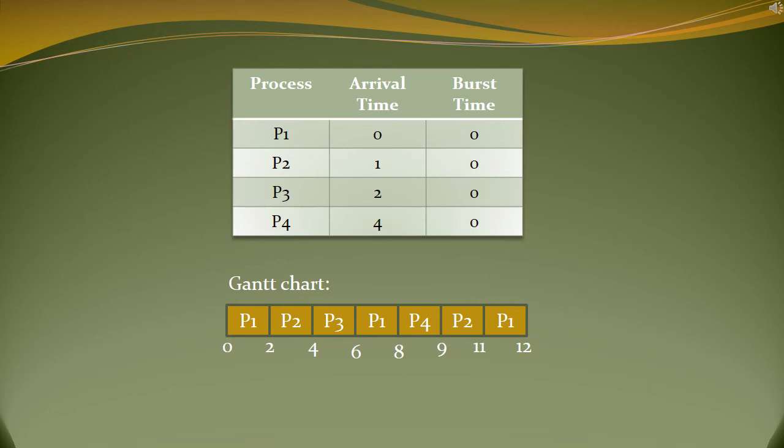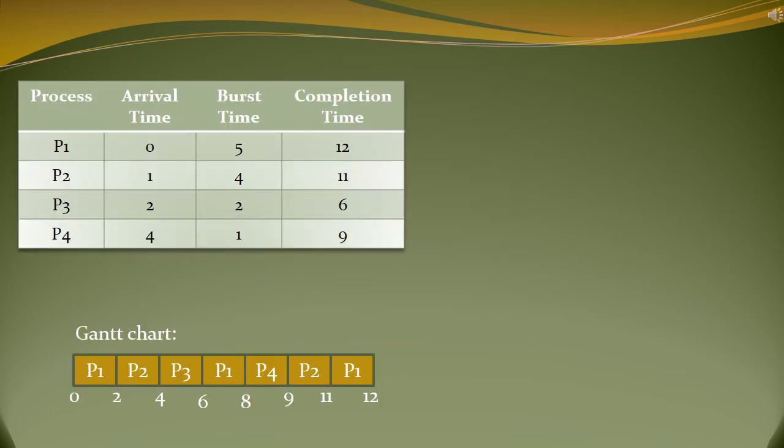So after completing all the execution, the Gantt chart will be shown like this. Now from the Gantt chart, we can see the process P1 is totally completed at the time 12. So the completion time for the process P1 will be 12. And for the process P2, it is totally completed at the time 11.